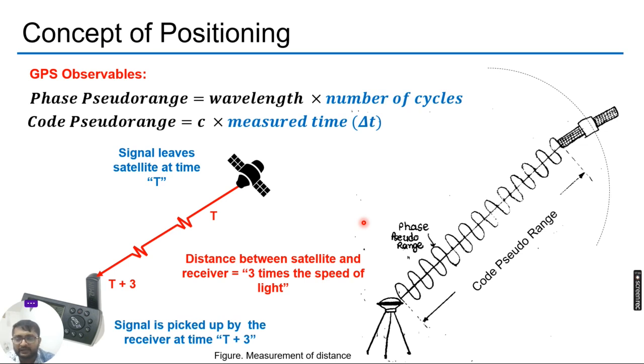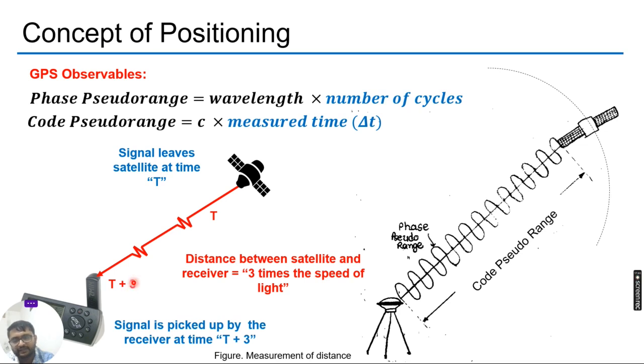Now, the second way: you can send a signal from the satellite and receive it at the receiver, and find out how much time it took to travel from satellite to receiver. That is the time delay. Let's say the signal is sent from the satellite at time t and received at the receiver at time t plus 3.